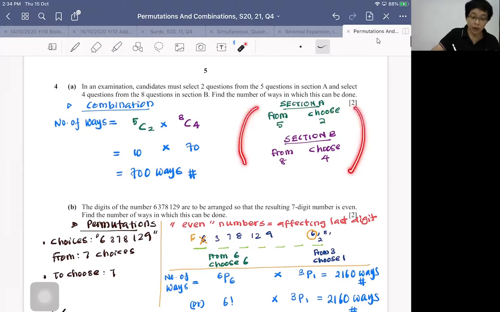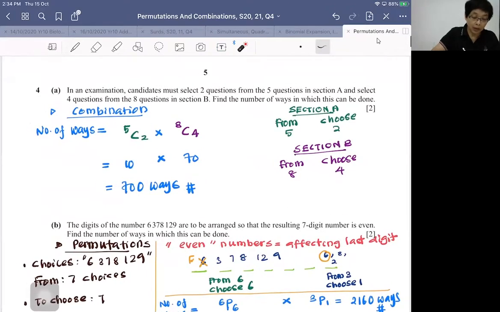Therefore, as a recommendation, I would encourage students as you read the question, list it down in a manner that is easier for you to see, and hopefully minimize careless mistakes and accidentally losing marks.